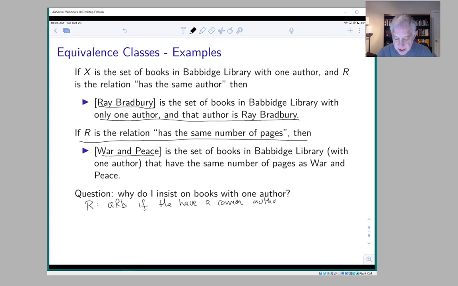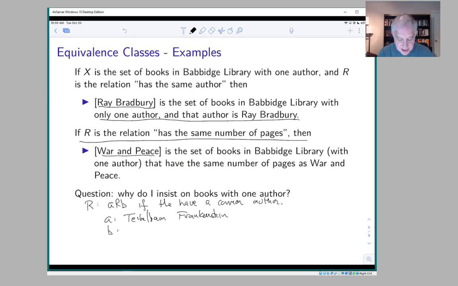So book A might be written by Teitelbaum and Frankenstein, my cousin.